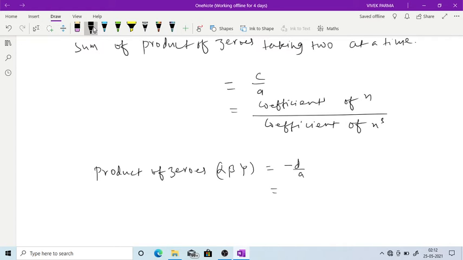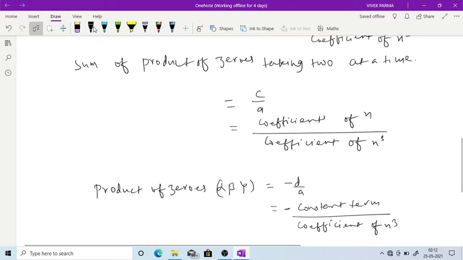And what is d here? The constant term upon the coefficient of x cube, with a minus sign.